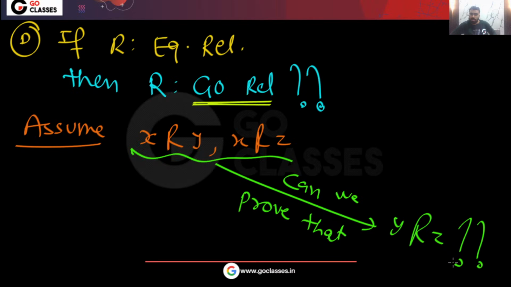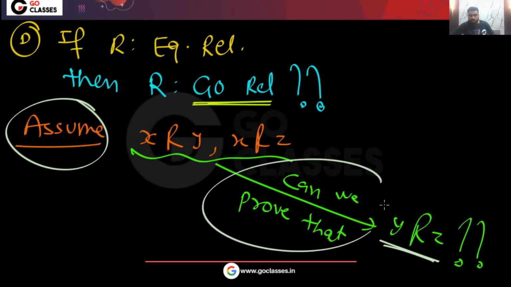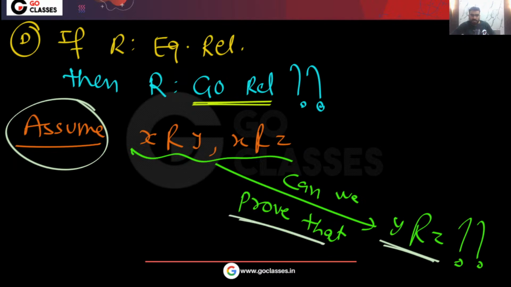This is what we need to check, because we need to check for go relation. So just assume that x is related to y, x is related to z. Now, to check for go property, can you prove that y will be related to z? Okay, let's check.